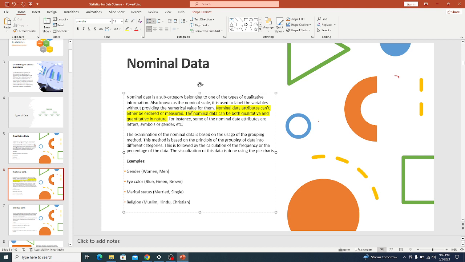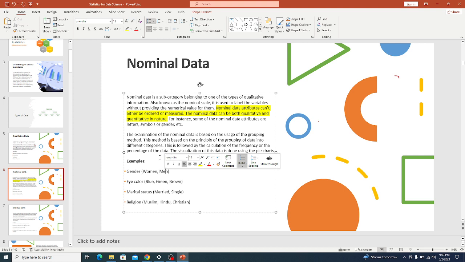Here is where we can assign values to these variables. We might say let 1 represent women and let 2 represent men.